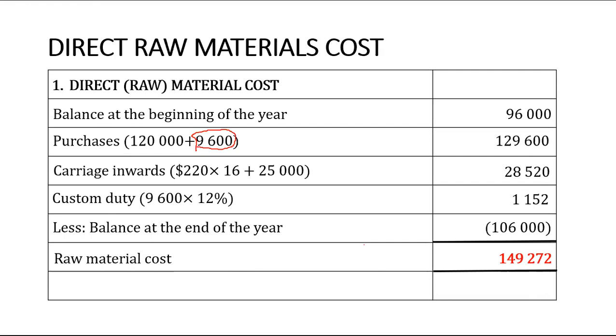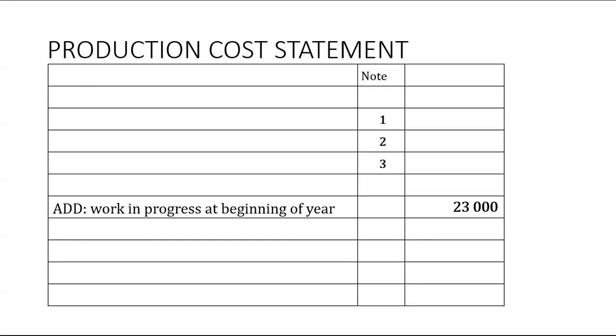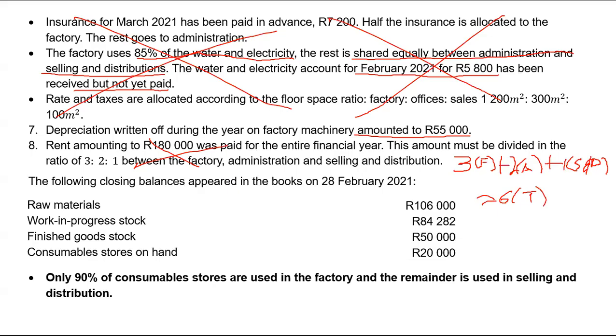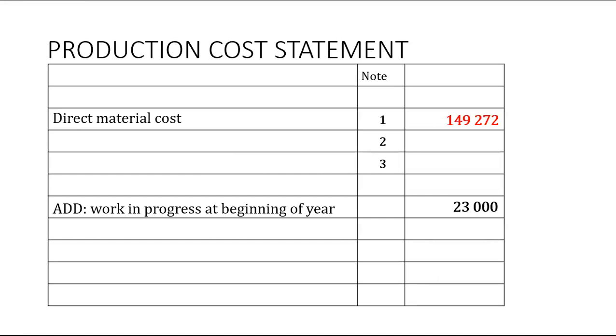149,272, I will record it in my production cost statement as direct material cost. And then we've got work in progress, which is 84,282. Normally that one you will record in your production cost statement and then subtract it.